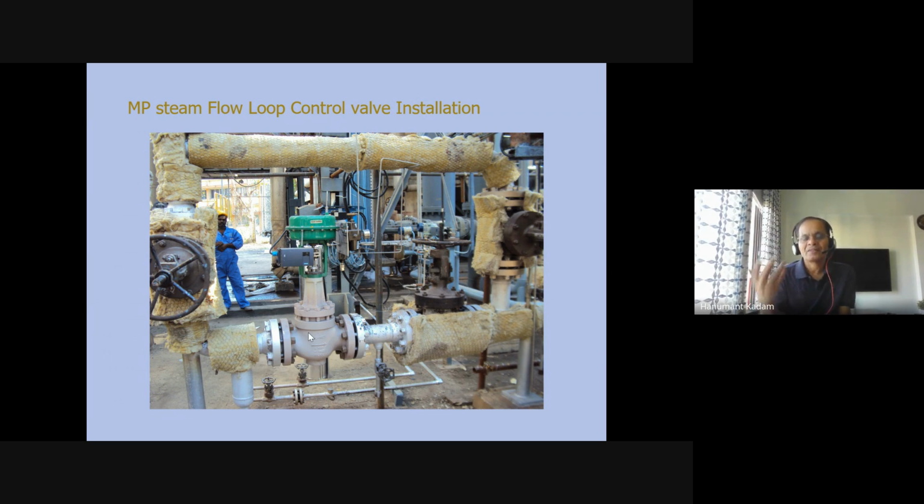And then back after calibration or testing or repair, it is taken back to the site and installed tight again. You have to check the entire thing, leakages, and then again do this covering, where you can see the wire mesh and glass wool. The entire thing you have to take care of.